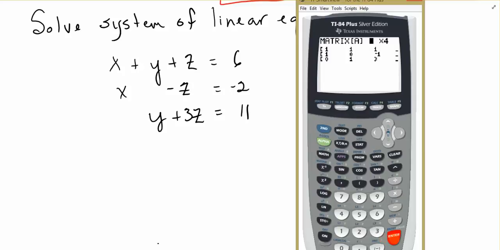So 3 by 4, and so you should have right up here 1, 1, 1. We'll get the last column in a minute. 1, 0, negative 1. Did you find something? Yeah, I missed the 1. Okay, and then 0, 1, 3.